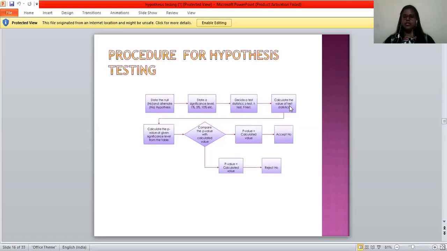Calculate the value using the test statistic or formula. Calculate the p-value given in the tabular column. Compare the p-value with the calculated value. If the p-value is greater than the calculated value, you accept. If the p-value is less than the calculated value, you reject the hypothesis.